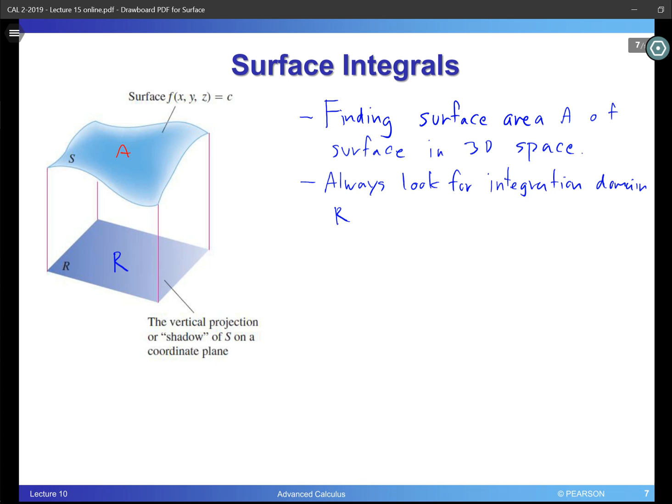I see this R as the shadow of the surface S onto a certain plane. So you can make a note here: R is the shadow or projection of the surface S on a plane.